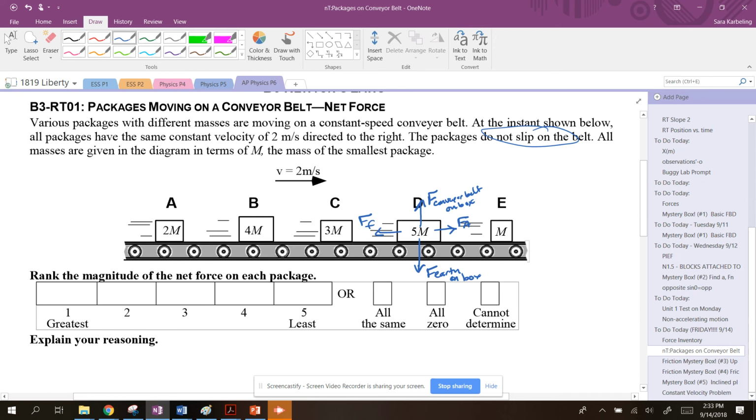Now, here's the thing. This is kind of an interesting question, and I'm really glad that it came up. Let's think about this really carefully. If you're in a car, or another way to think about this is on a moving sidewalk.